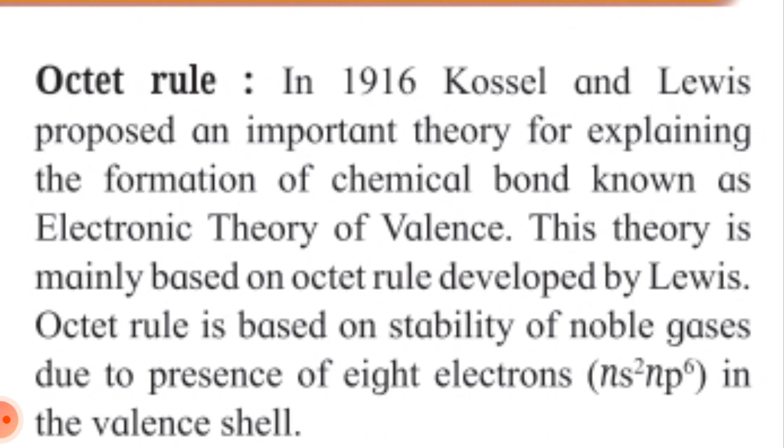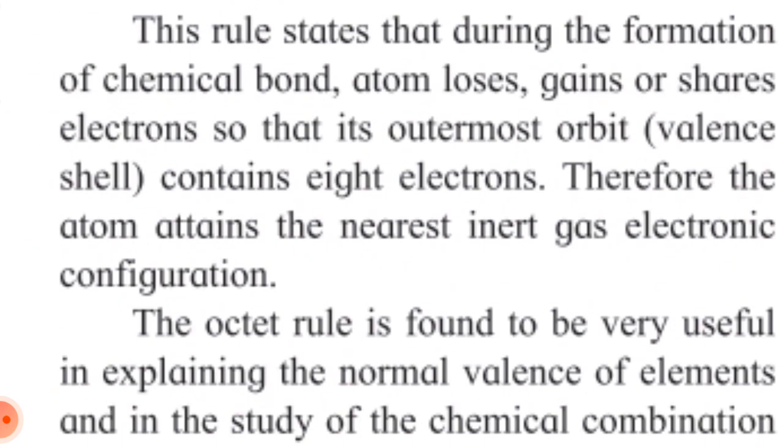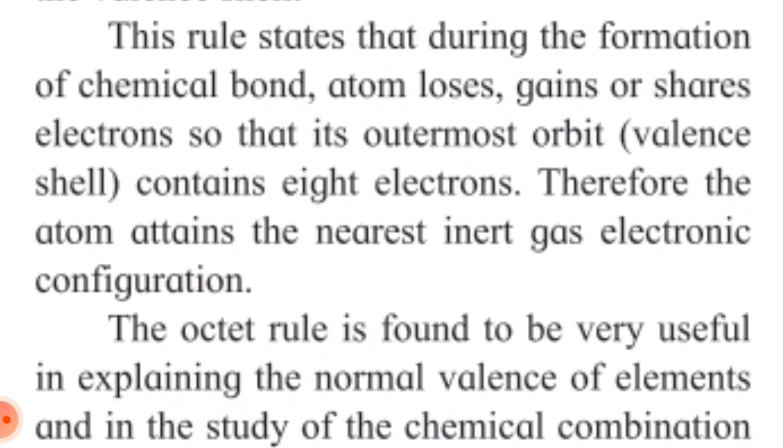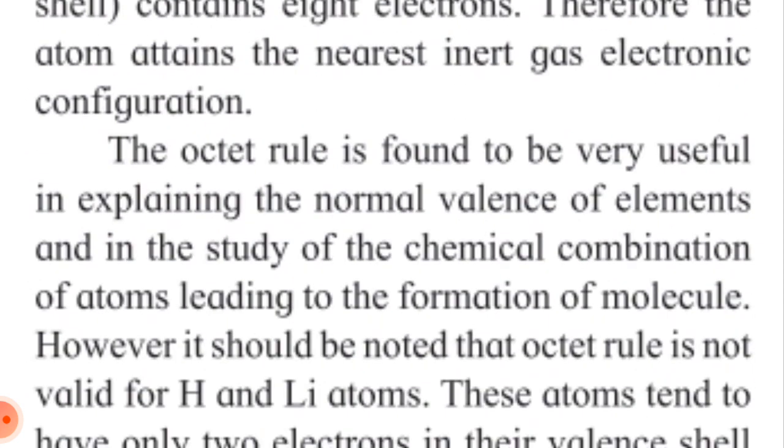The octet rule is based on the stability of noble gases due to the presence of 8 electrons, ns2 np6, in the valence shell. This rule states that during the formation of a chemical bond, an atom loses, gains or shares electrons so that its outermost orbit, the valence shell, contains 8 electrons. Therefore, the atom attains the nearest inert gas electronic configuration.